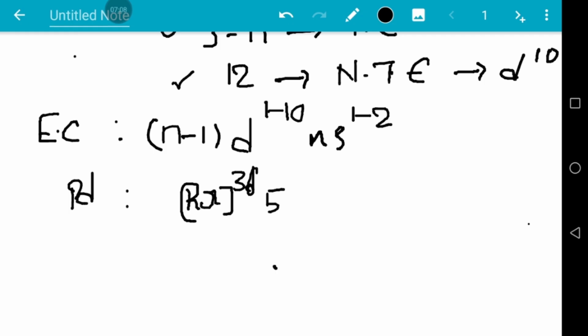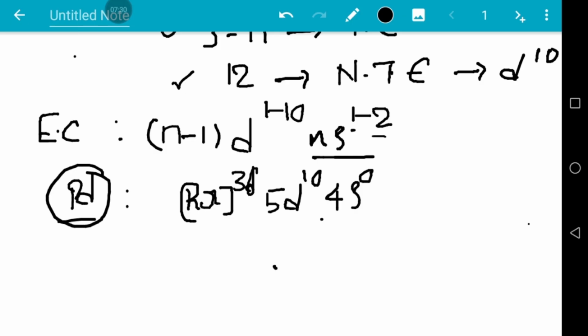Actually, the electronic configuration of d block elements has 1 or 2 electrons in the s orbital, but palladium has s0 electrons, 0 electrons. So this is the exception configuration, palladium.